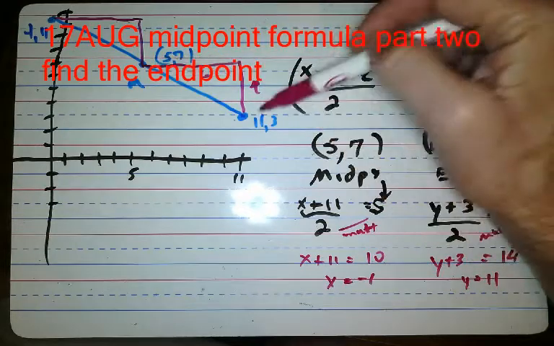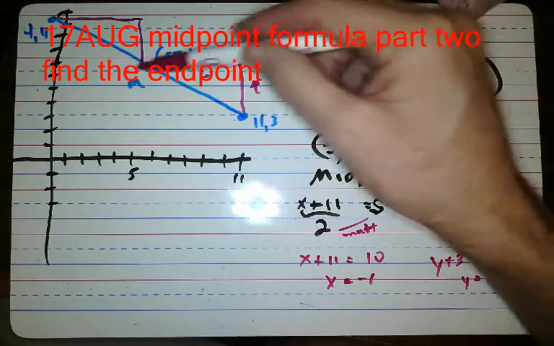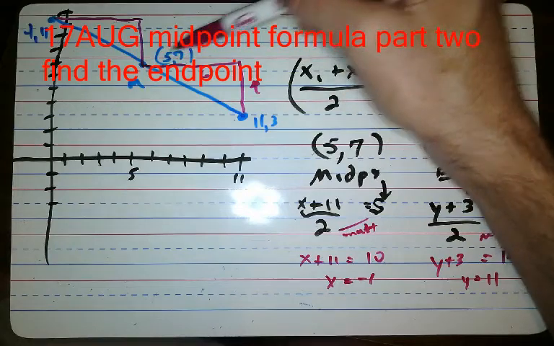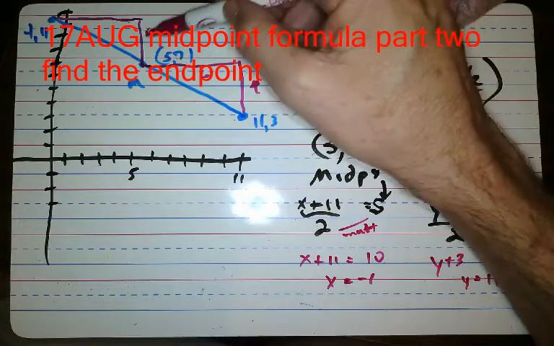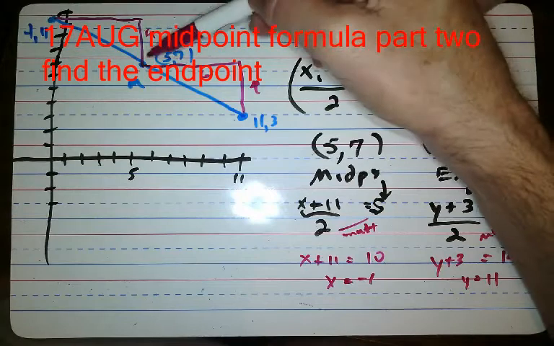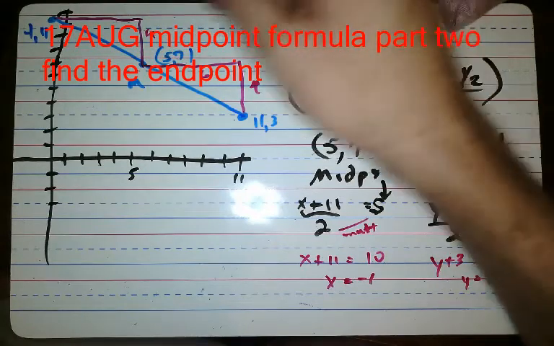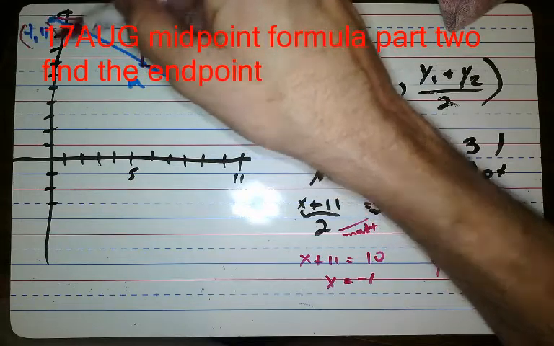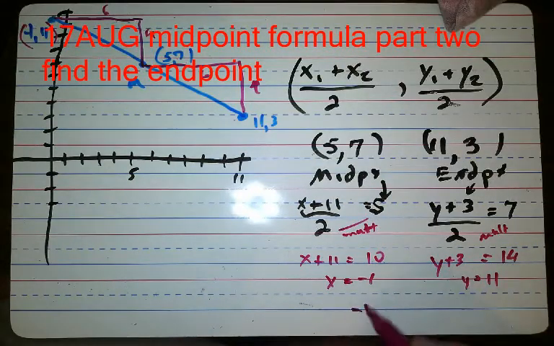So if I go up 4 from 7, 7 plus 4 is 11. Yay, that's right. And if I'm at 5 and I go over 6, I'm at -1. That's right. So the endpoint is -1, 11.